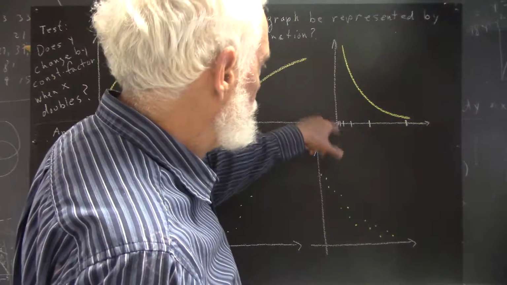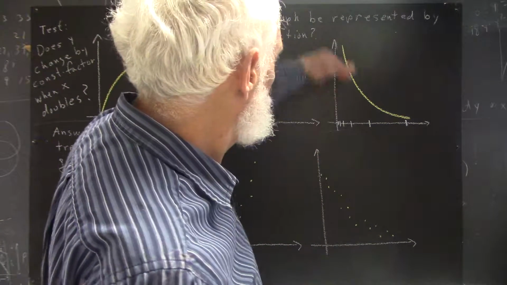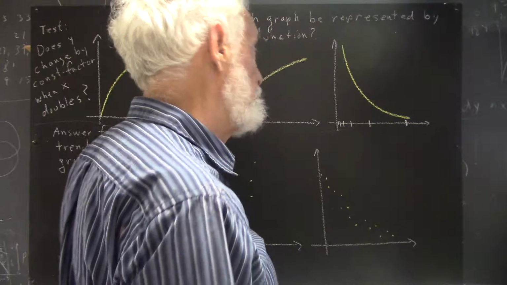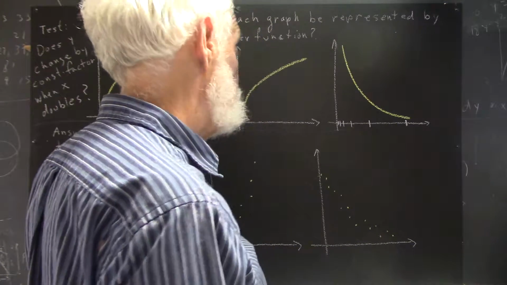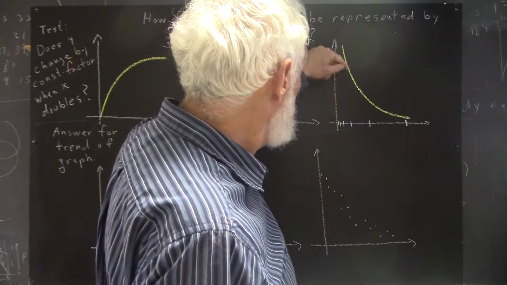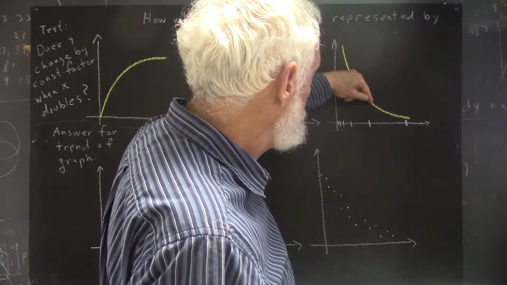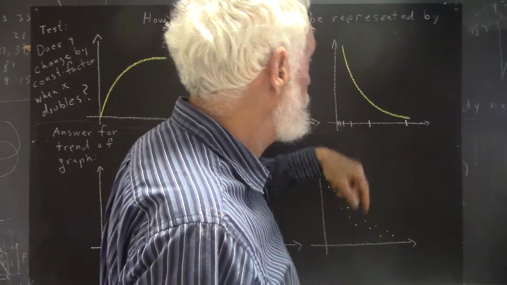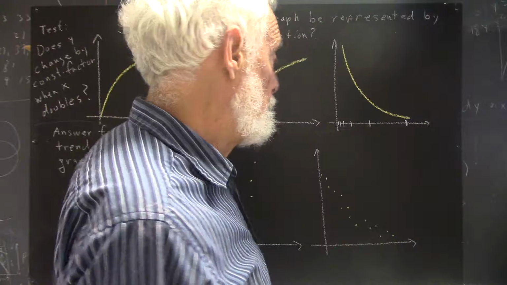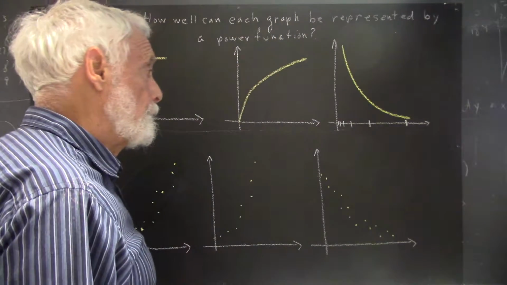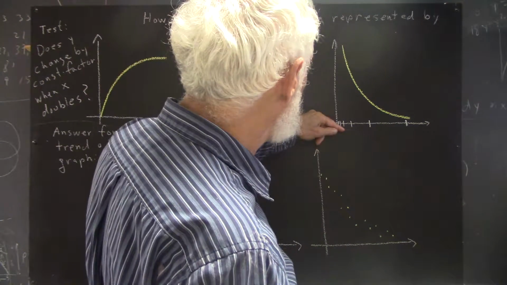Although these last couple of points don't seem to correspond to actual graph points. Okay? So, at least we have a point here, and a point here, and a point here on the graph that would correspond to 3 of these x values.